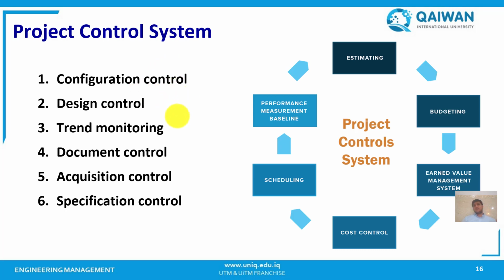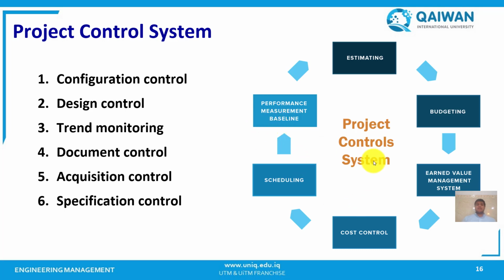This system includes establishing a baseline plan, measuring performance against it, managing changes, mitigating risks, resolving issues and defects, reporting progress to the stakeholders, and ensuring adherence to the quality standards.